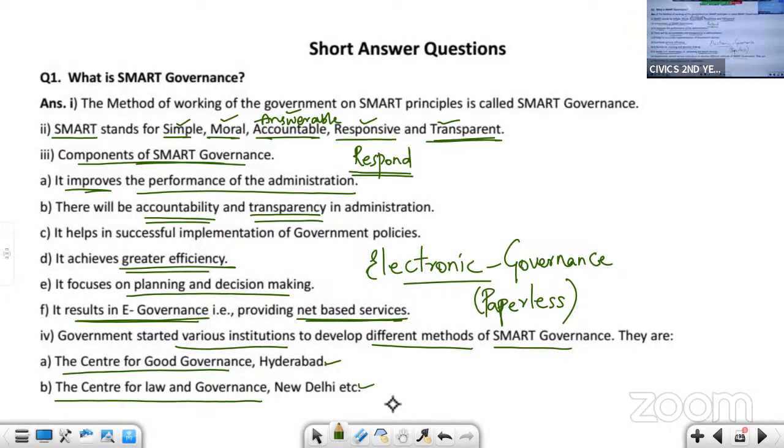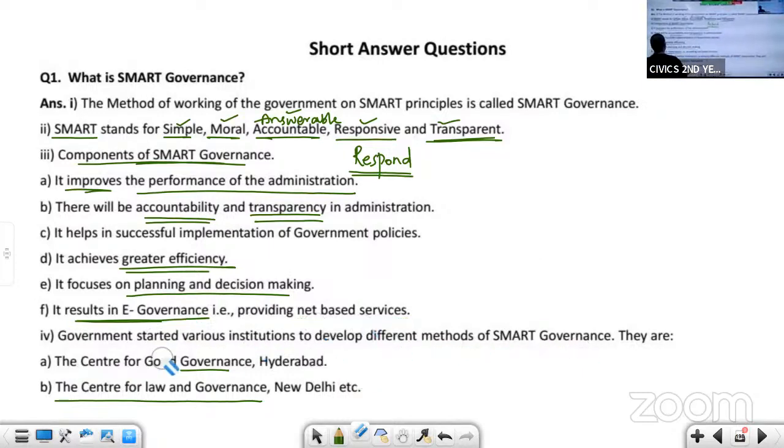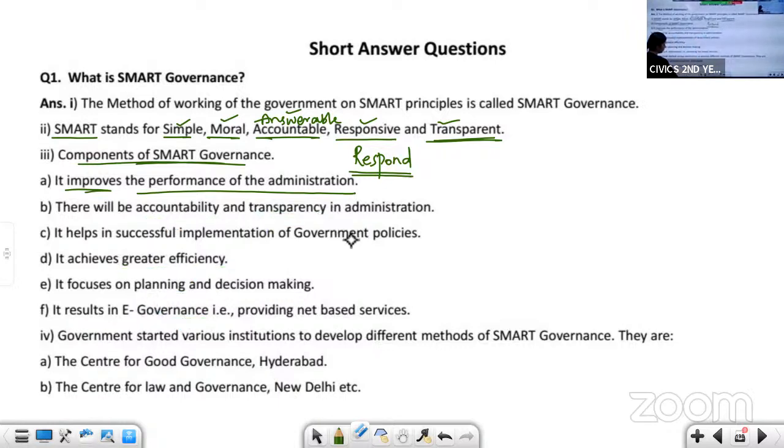So what is smart governance? It is a method of government on smart principles. Here they are using internet-based services to reach the people and to solve their problems. Here the government is answerable, responsive, and transparent also. I hope I'm clear with this first question, smart governance.